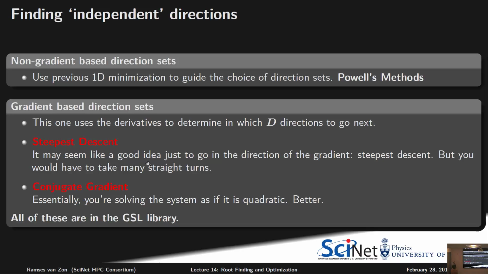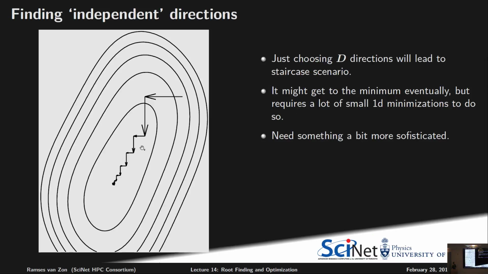But it works better, and especially it's basically solving the whole system as if it's quadratic. So this little picture, this is not a quadratic because they're not ellipses. There's some anharmonicity in here. But if it was a quadratic equation, then the conjugate gradient one basically solves the whole equation in one step.